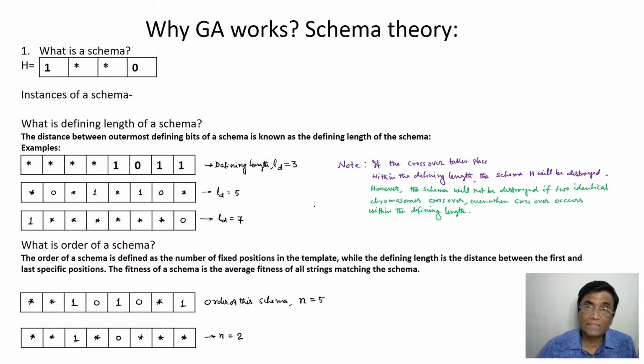We are going to discuss schema theory, and using schema theory, we will try to show that generation after generation, it is the fitter chromosomes that actually survive, fitter and fitter, the fittest chromosome, because everything depends on the fitness value. So that is very important to know.